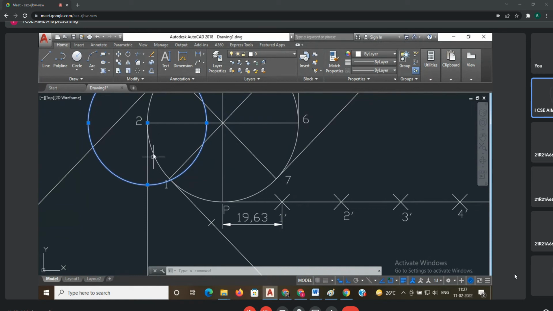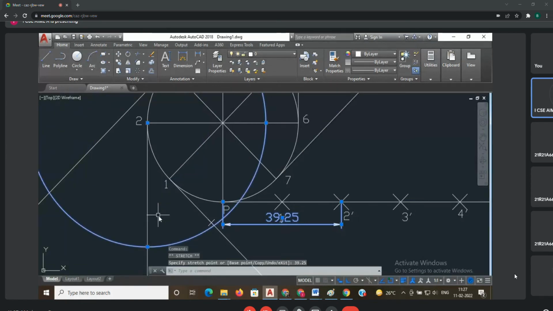Now there is P1 dash radius, but you have to convert it into P2 dash. P2 dash radius also you have to identify. Just measure it. Just drag and place it here. How much is it? 39.25. 39.25 mm you have to take and you have to change the value here from that second point. 39.25.